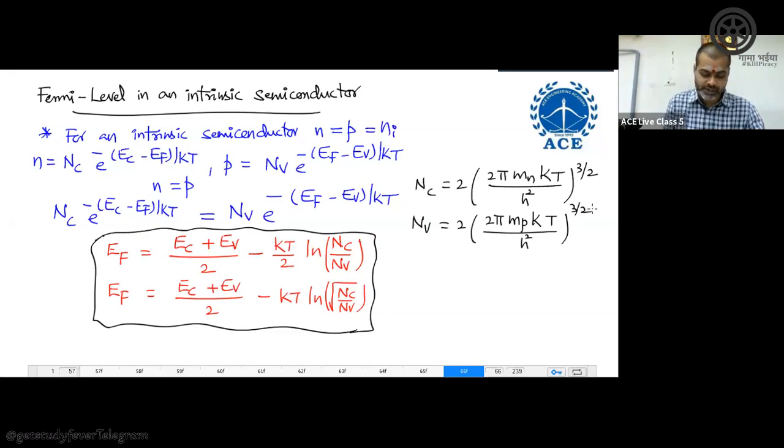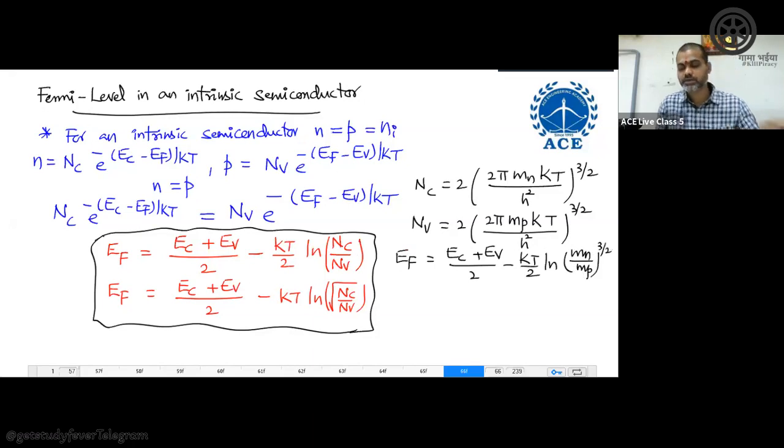Now if you substitute into this equation, what can I write? Ef is equal to (Ec plus Ev) by 2 minus Kt by 2. You can see very clearly that except mn and mp, all other terms will get cancelled. So the logarithmic function is there: Kt by 2 ln of (mn by mp) whole power 3 by 2.